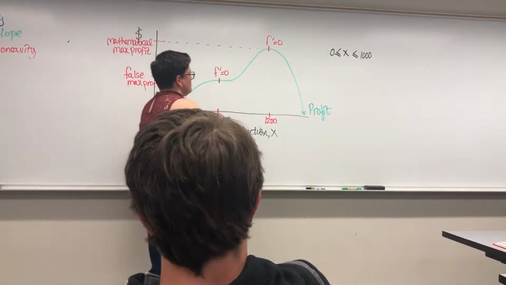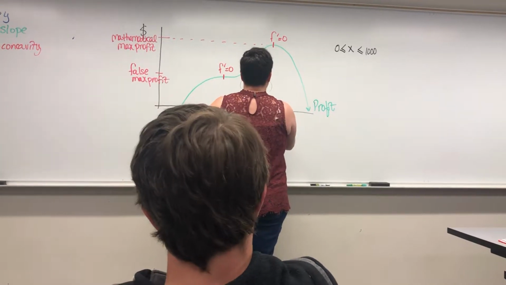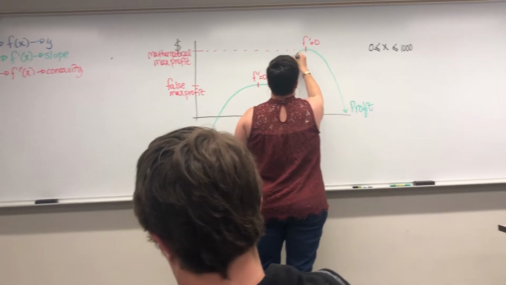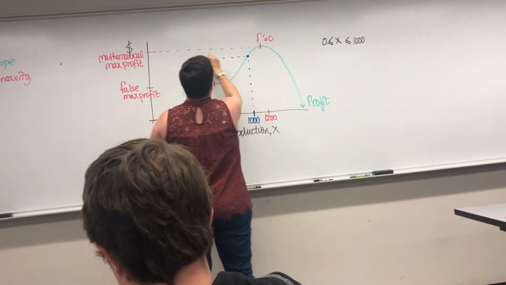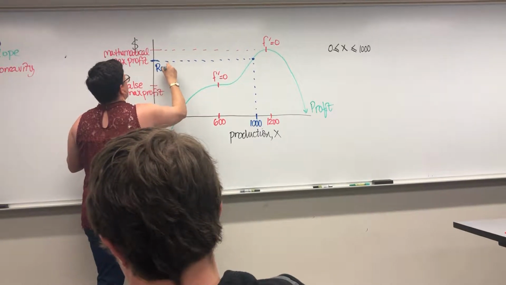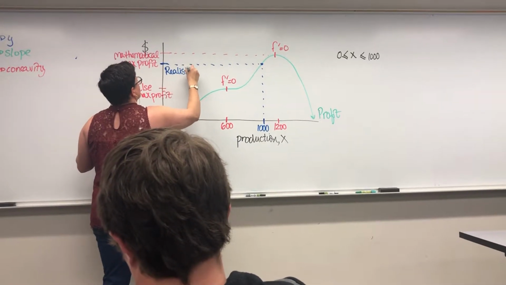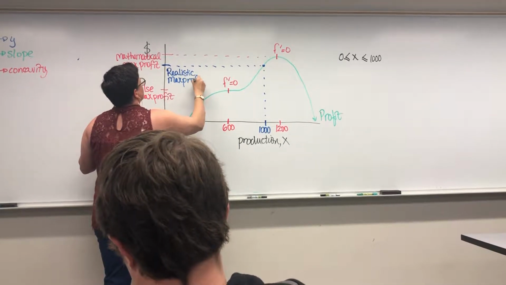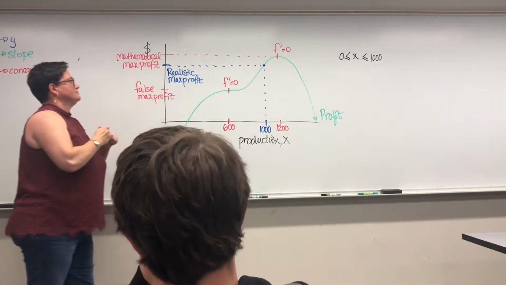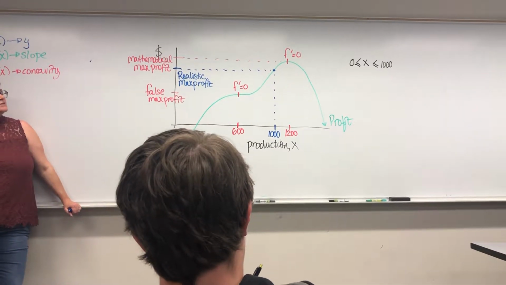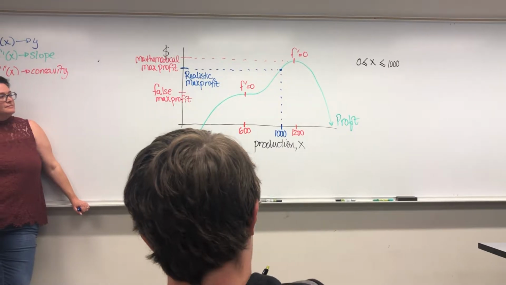But limited by the reality, reality being you can only make 1,000 of these, whatever the thing is that you're making. This becomes your realistic max. Because you can't go above 1,000.